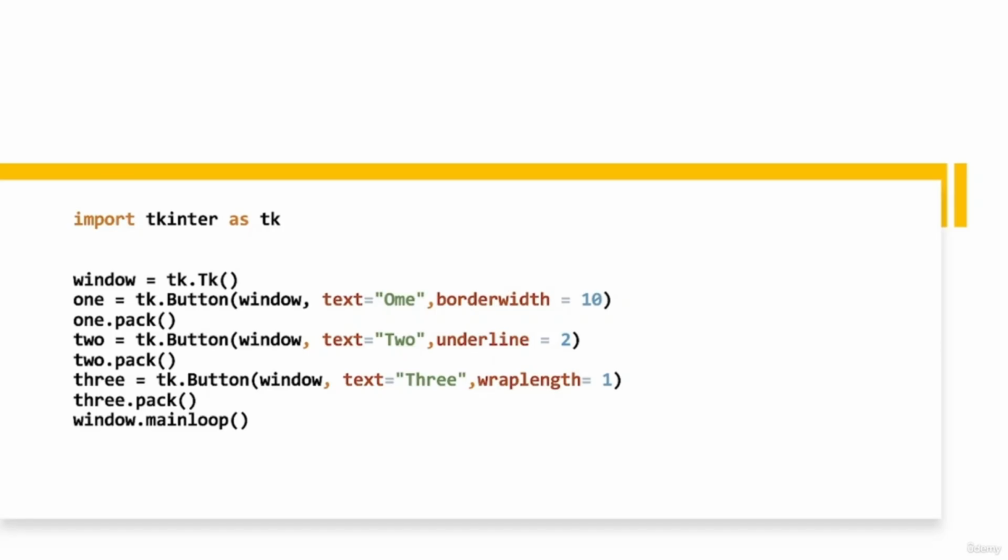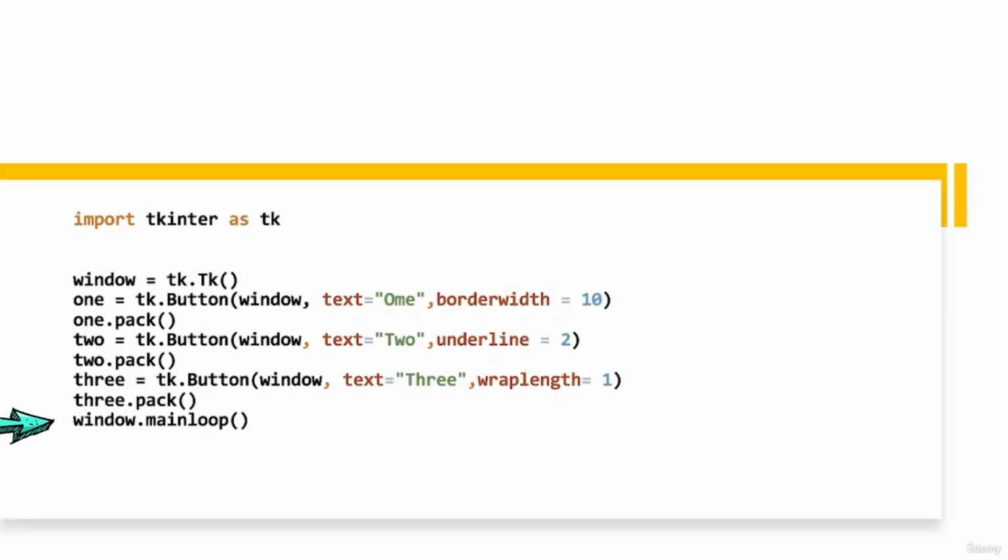We have more properties that exist which can help us reconstruct the appearance of our button widget. One of them is borderwidth, which will make our button appear in a 3D form. Another one is underline, which highlights the letter we can use to access the specific widget, as this letter is underlined. One more property, which I will use for our third button, is called wraplength, which places a button in a vertical fashion.